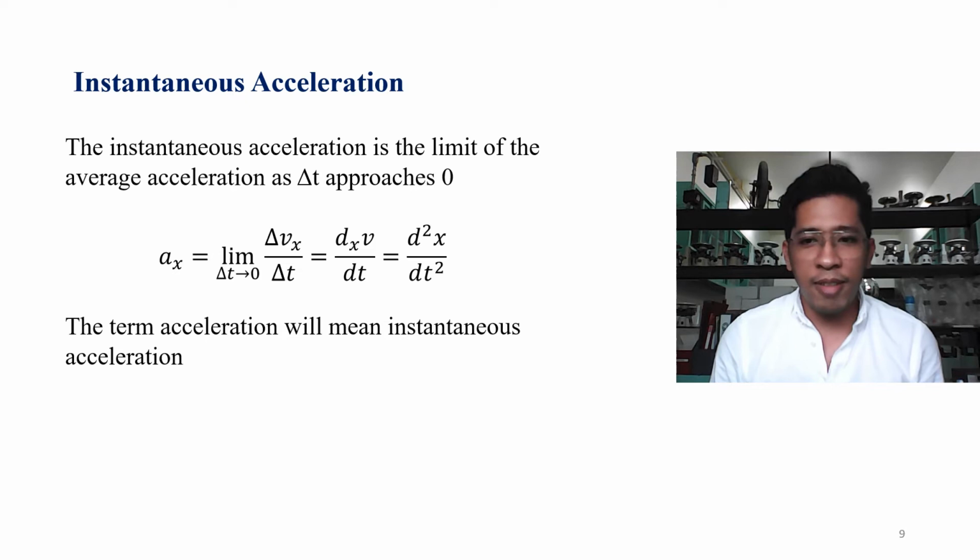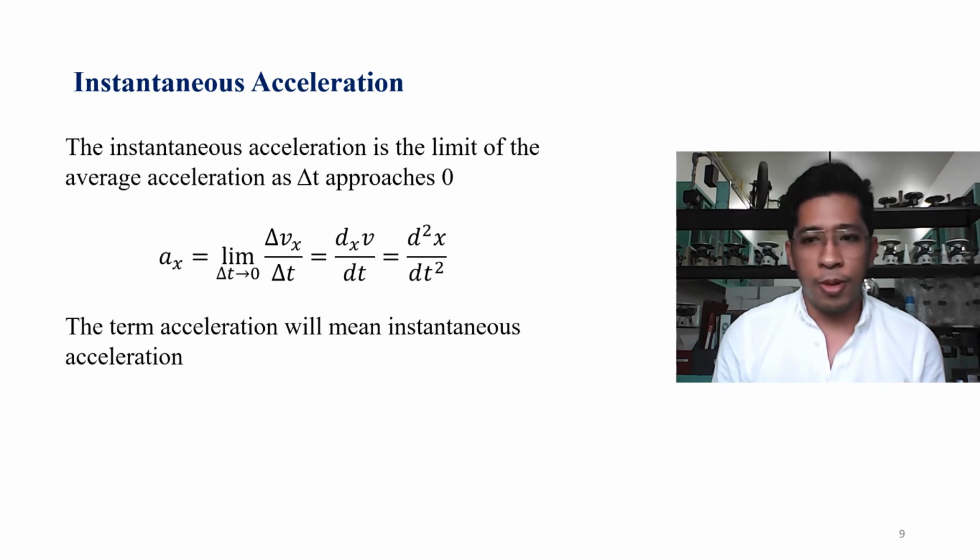In the same concept with your instantaneous velocity, we also have this instantaneous acceleration, meaning the acceleration at an instant. The instantaneous acceleration is the limit of the average acceleration as delta t approaches zero, or in mathematical form, we have a_x is equal to the limit of delta v_x over delta t as delta t approaches zero.